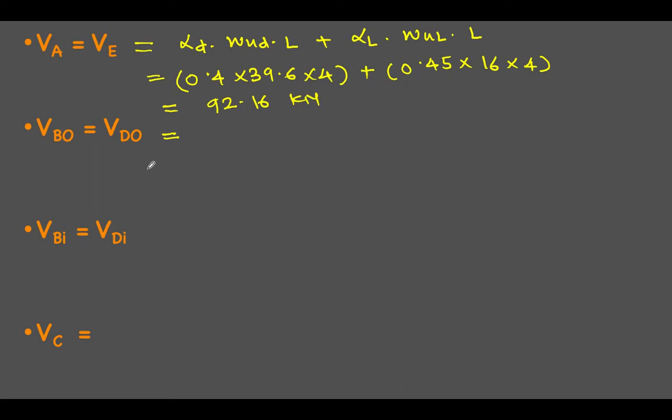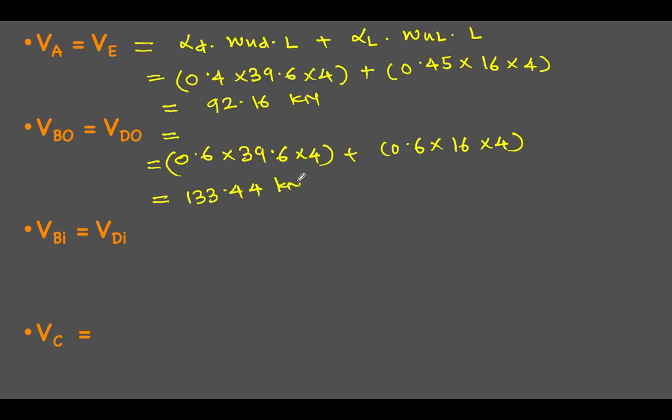What we are having, VBO and VDO, alpha D, that is 0.6 we have seen. So it is 0.6 into 39.6 into 4 plus 0.6 into 16 into 4, and this value comes out to be 133.44 kilonewton.